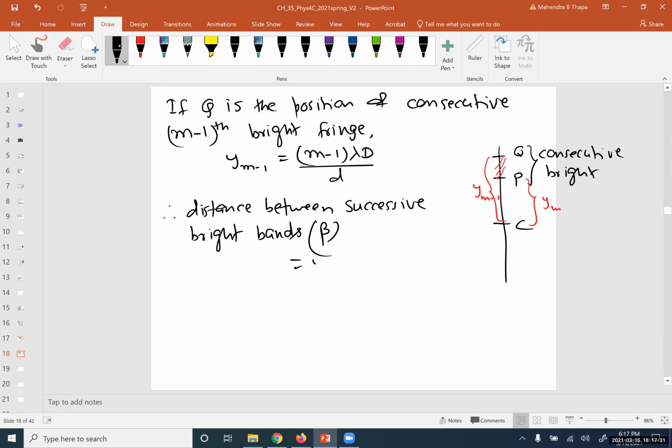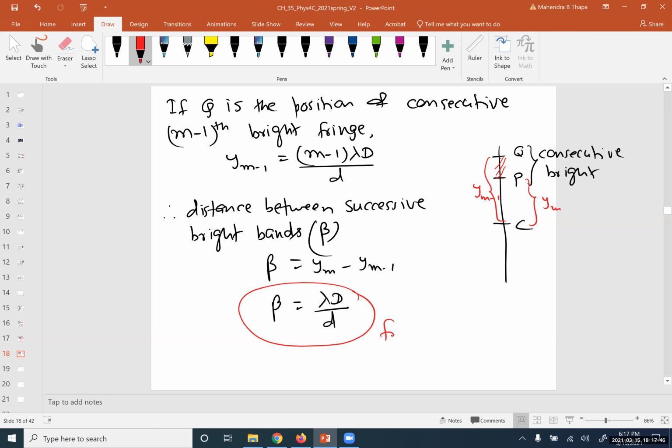This will be ym minus y m-1. If you plug in those numbers, we find this equals lambda D over d. This is also called the fringe width.